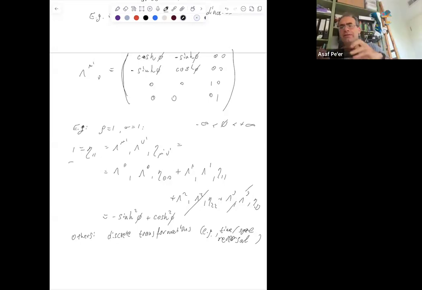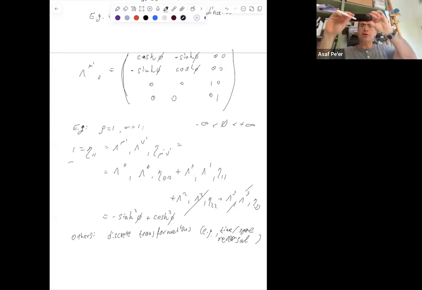Let's define axes X, Y, and Z. If I'm making a rotation around the X-axis and then around the Z-axis, I get one result. If I go back and make a rotation around the Z-axis and then around the X-axis, I get to a different location in space, which means that the rotations do not commute.